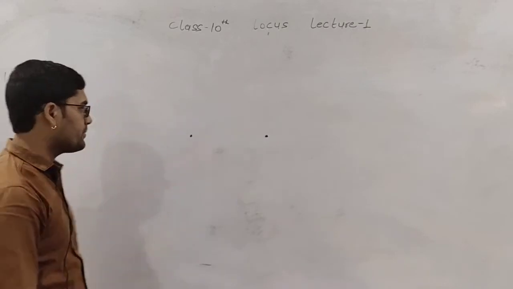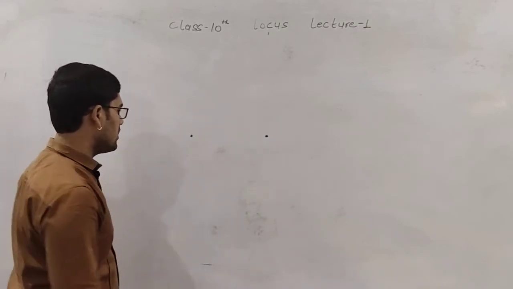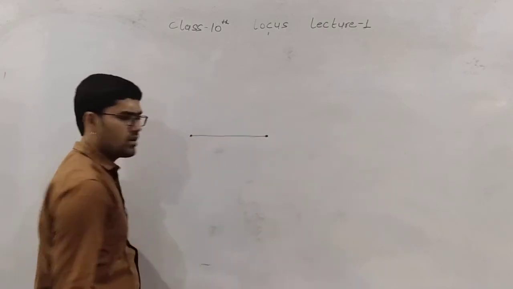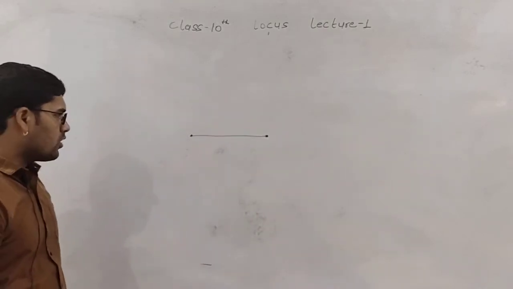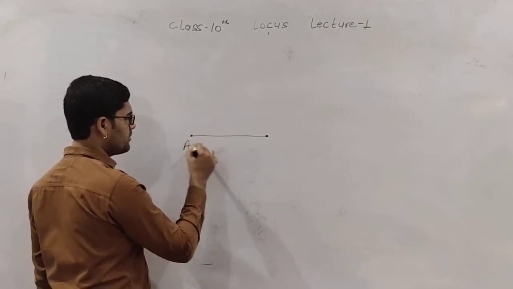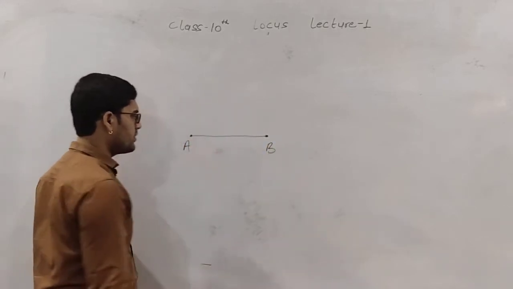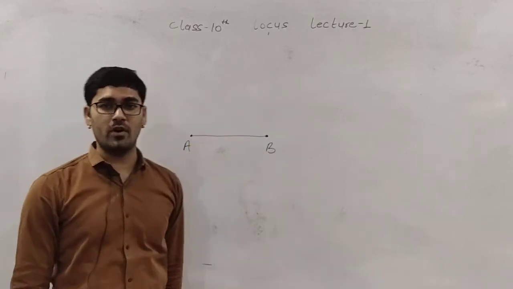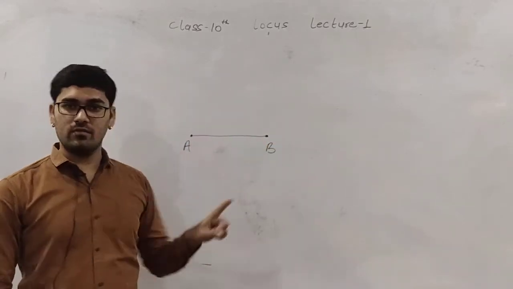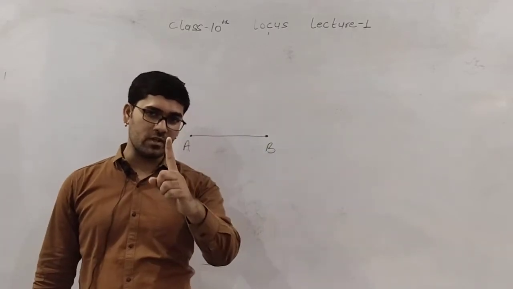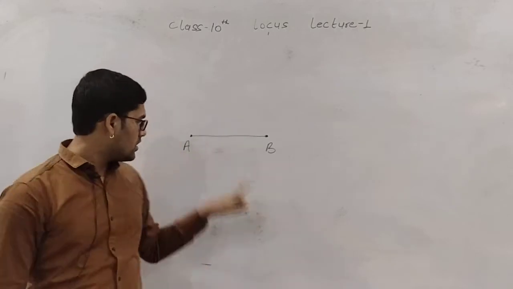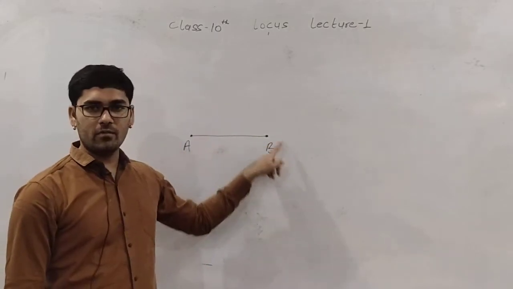Now I have connected these points and I can give them the name AB. AB is a line on which A is one point, B is another point. Now I have to find the locus for these 2 points. First we calculated the locus for 1 point. Now we are calculating the locus for 2 points, point A and point B.